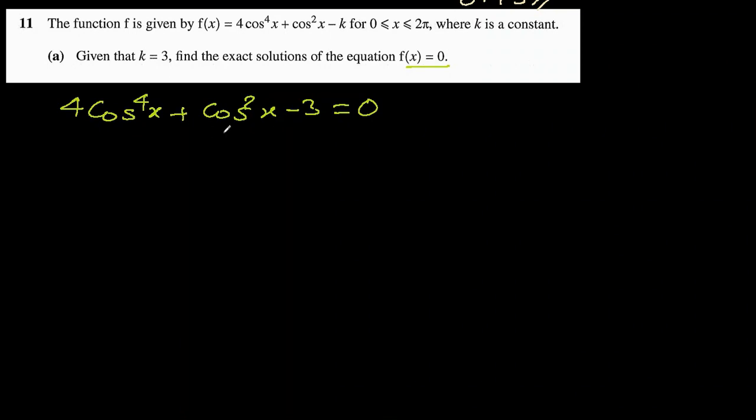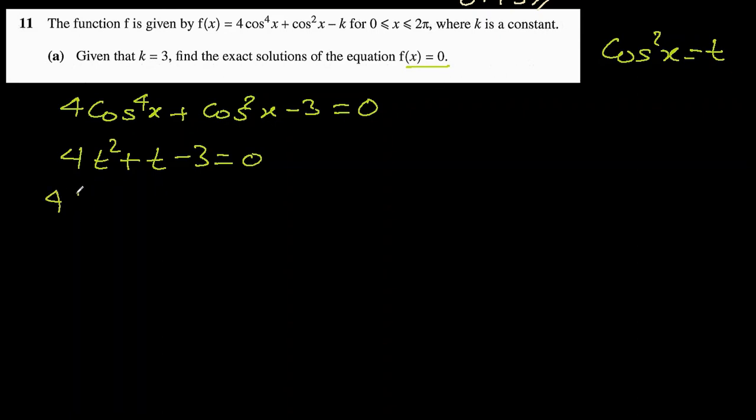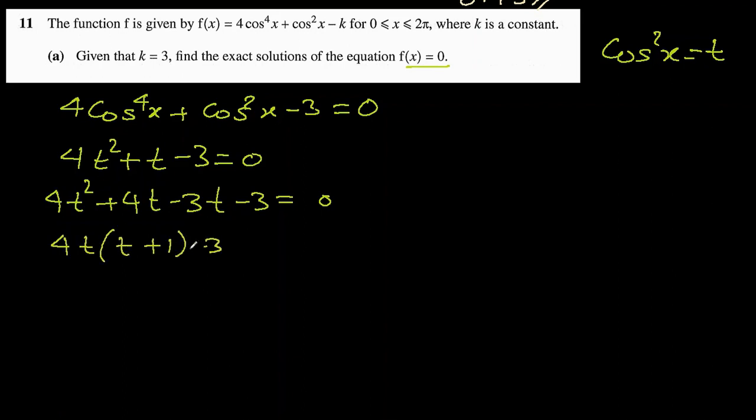So we can see that it resembles a quadratic equation, but it is not exactly quadratic. So let's assume cos square x equal to t. So cos square x, this will become 4t square plus t minus 3 equal to 0, and we can find the values of t now by factoring. 4t square plus 4t minus 3t minus 3 equal to 0, 4t taken common, t plus 1, minus 3, t plus 1.